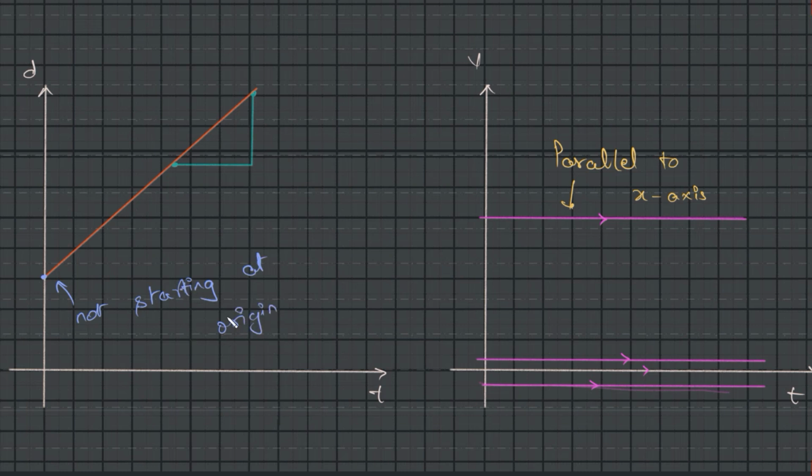So this is not starting at origin, and this does not indicate where it's starting. It just indicates that it's a positive value or a negative value, and it's moving at constant rate. That's it. Nothing to do with where it starts from.